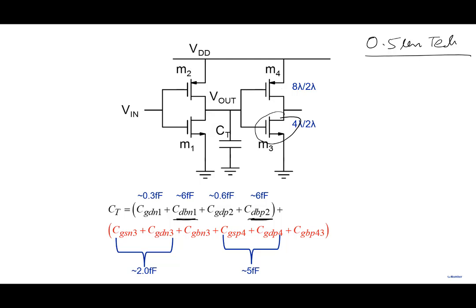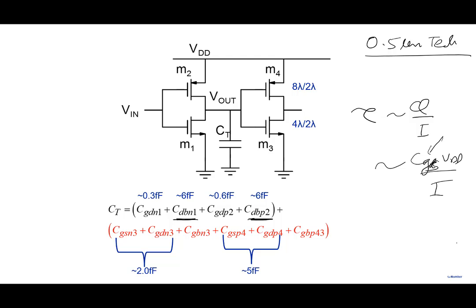This gives you the relative magnitudes of all these capacitances. When I calculated a very simple expression for delay, I said tau equals Q by I, and said Q is CGS times VDD by I. So I was only looking at delay in terms of CGS.